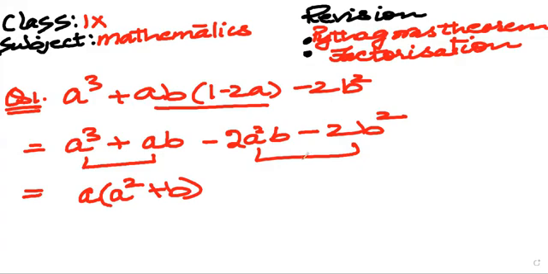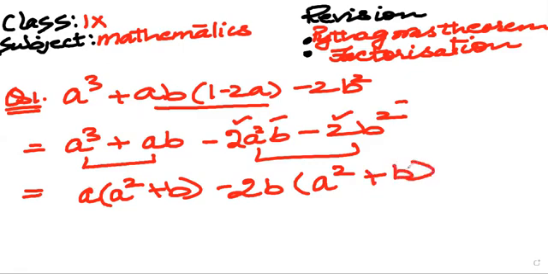Now can you tell me what is common in the next two? See, minus 2 is common if I take it out, and b is also common. So I will take out minus 2b common. So inside the bracket, it will be a square plus b, because b square, b is already out. Okay, so it is that.